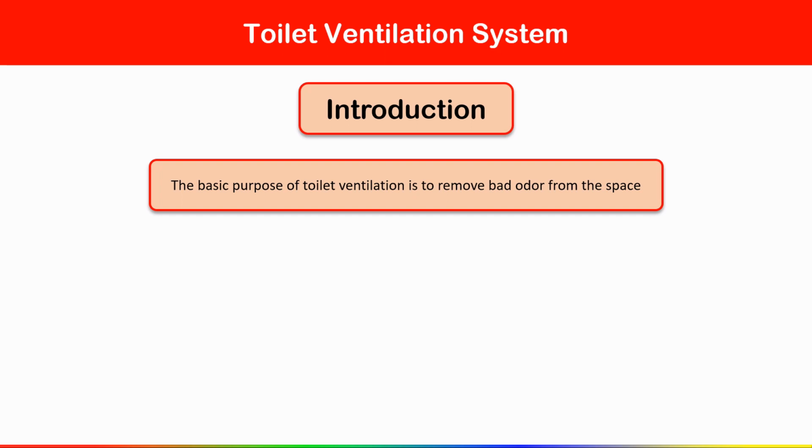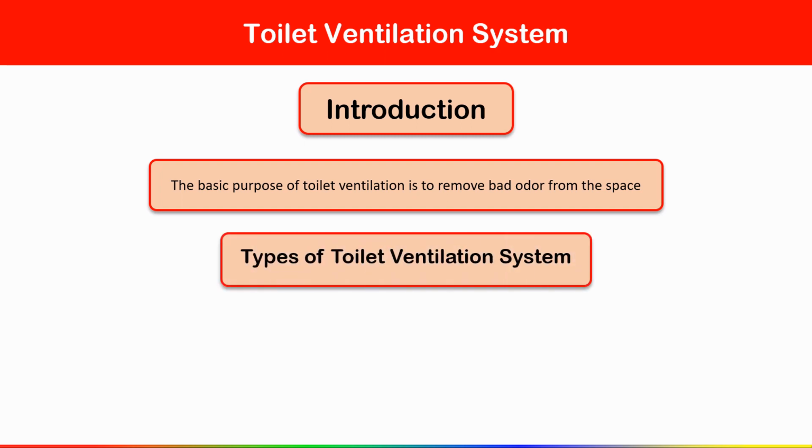This is because black mold can create toxic spores which are released in the air and cause various health problems to those who breathe it in. With good air circulation and ventilation, this can be avoided. So that is why toilet ventilation system is very important.